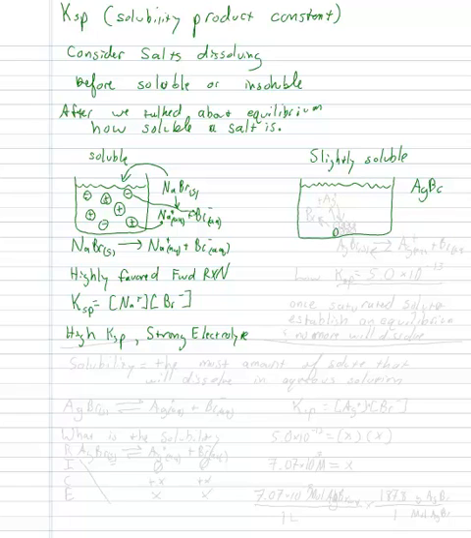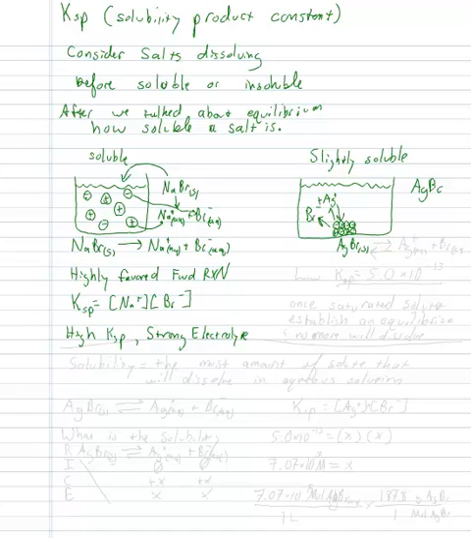You'd have your positives and negatives still in solid formation, and we'd have some becoming Ag+ and Br-. But also you'd have these coming together, forming back AgBr solid.